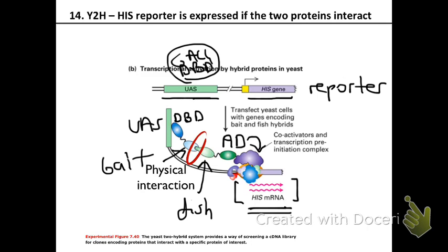Because you learned that in yeast auxotrophs, in yeast strains where they cannot grow in the absence of a given amino acid, you can actually complement that with the gene that encodes for the enzyme that makes that amino acid. So these cells are going to be able to grow in minus His media.